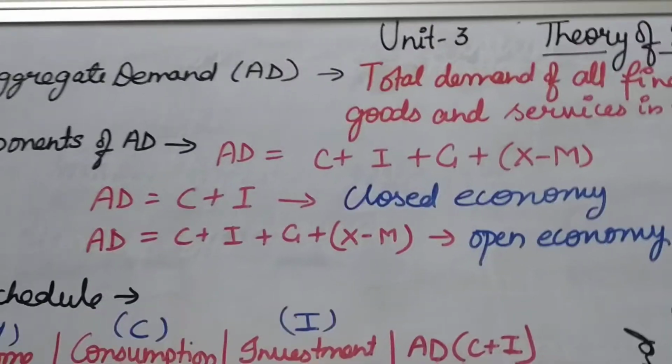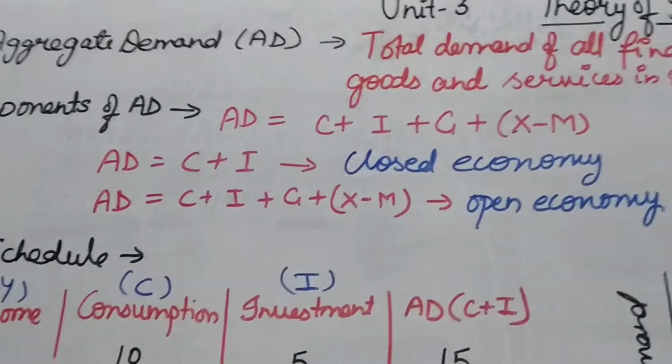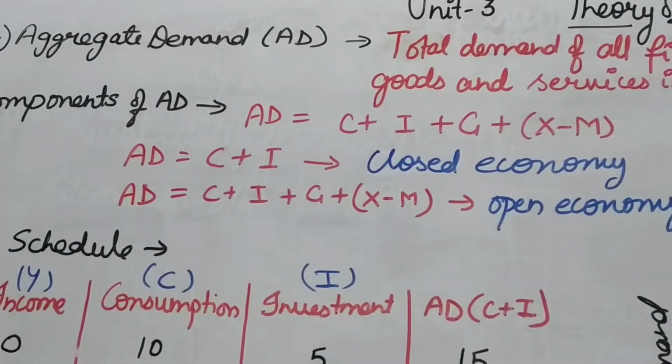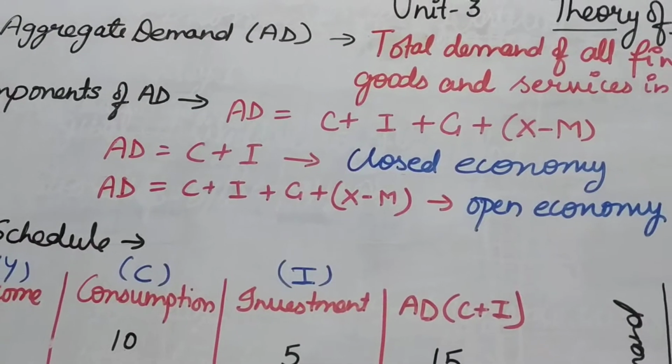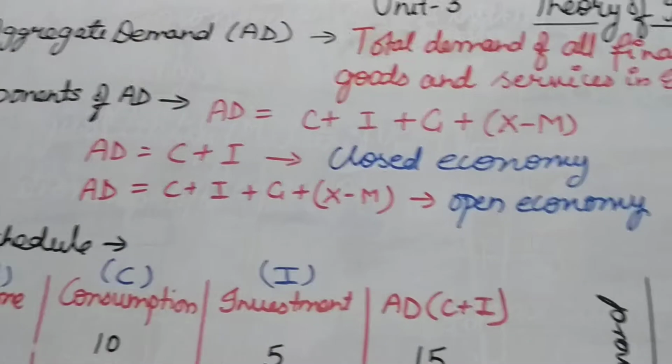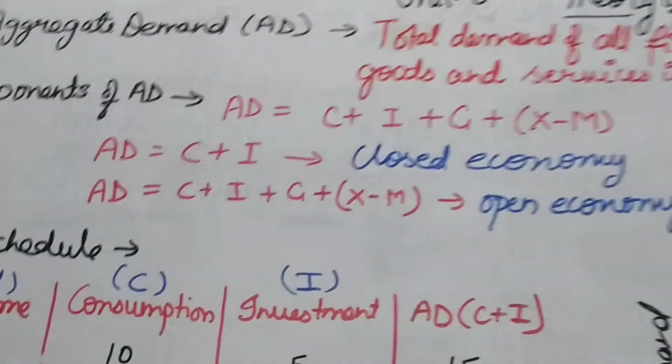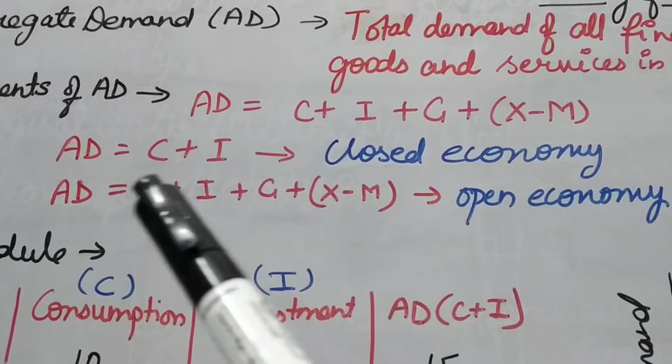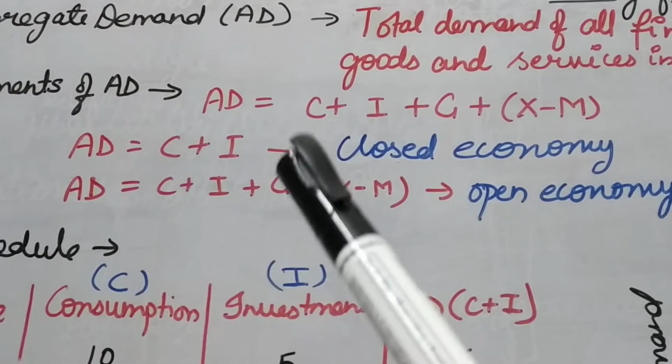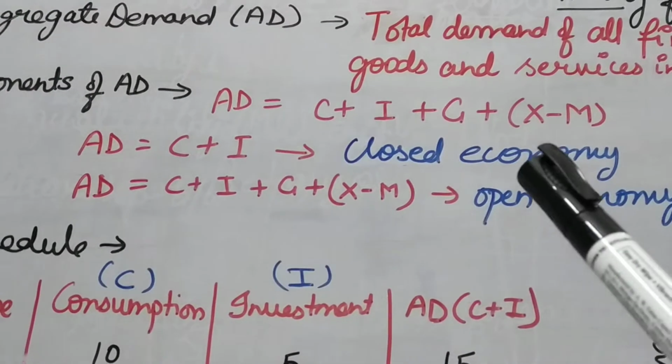I have written over here closed economy and open economy. Just like in microeconomics we studied by keeping so many things constant, here also we are going to discuss the closed economy. Closed economy means only the consumption of the private sector and the investment, these two items will be included.